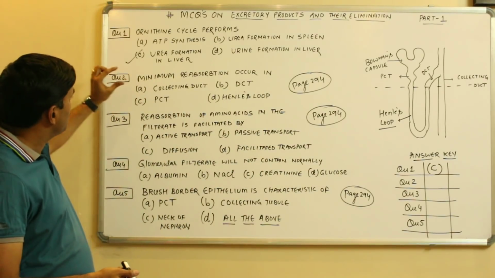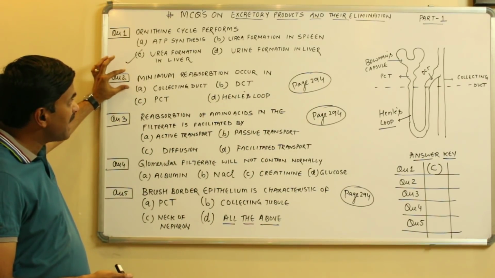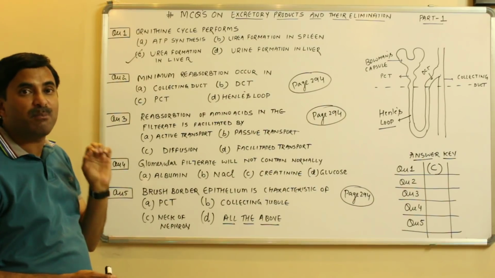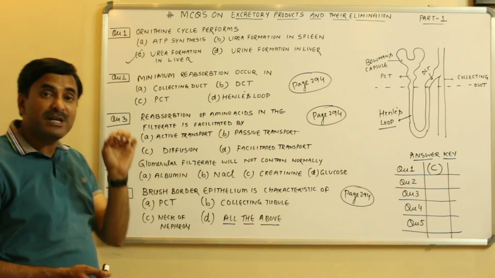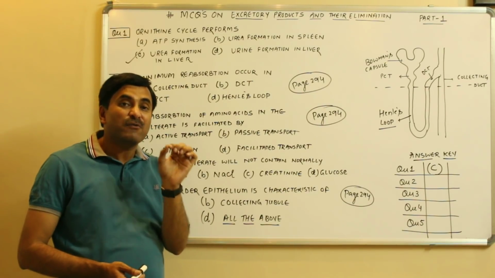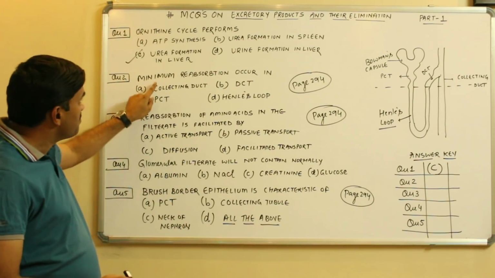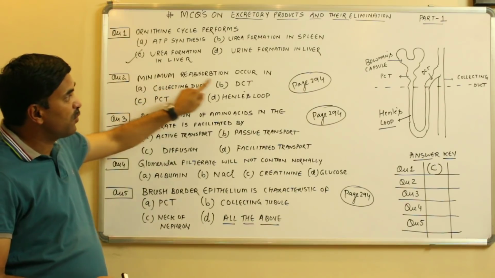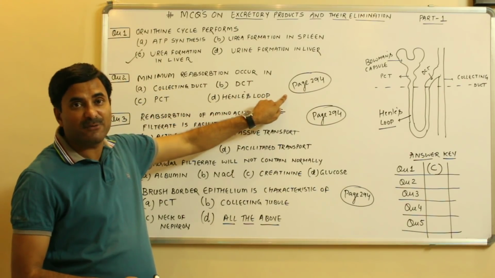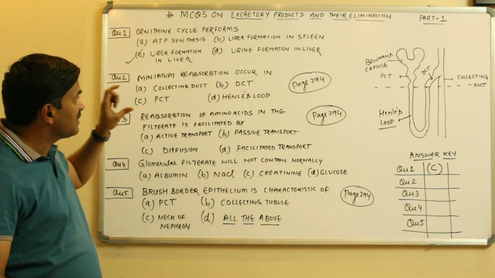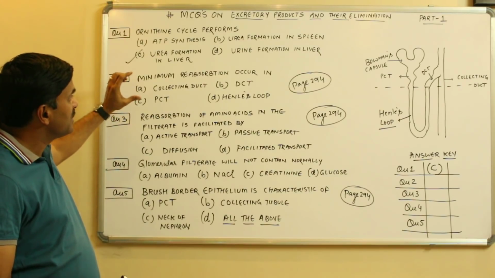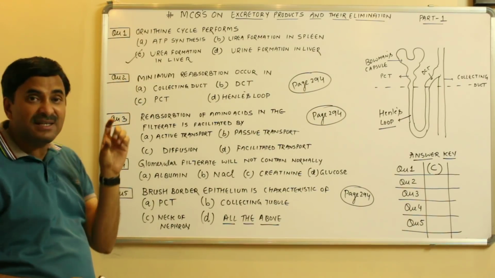Now question number 2, minimum reabsorption occurring, a very important one. You have to read each and every line of NCERT if you want to be selected in the NEET. Minimum reabsorption occurring is on page number 294, in the section on Henle's loop.